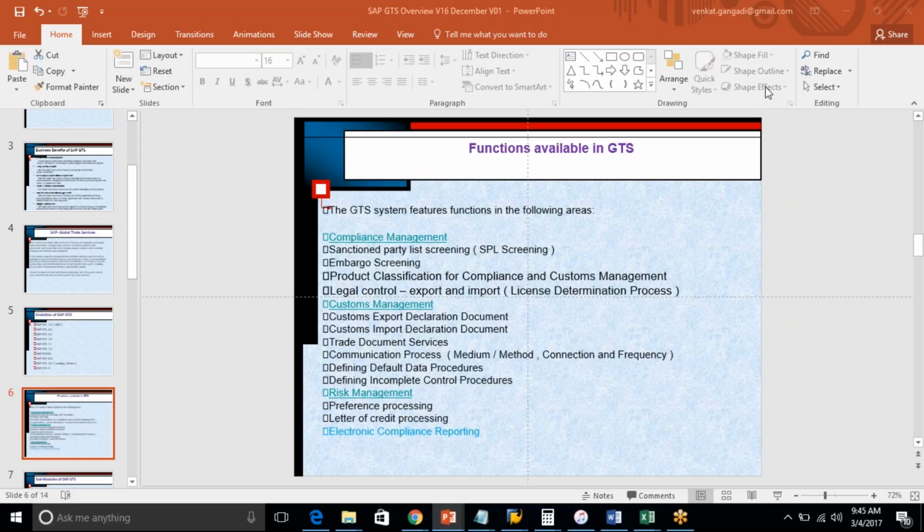But I'm going to explain the complete overview of the SAP GTS module.